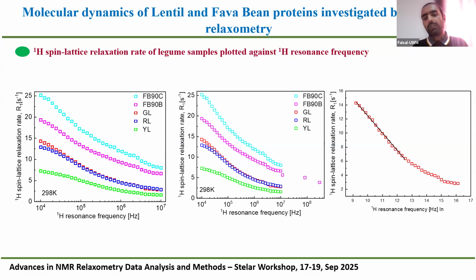Before going towards the data analysis and applying the model, we first collected the fingerprint to see which model is most suitable to apply. So we took the natural log of the frequency and looked at the linearity. I show you the linearity of one sample. As you see, it is linear.